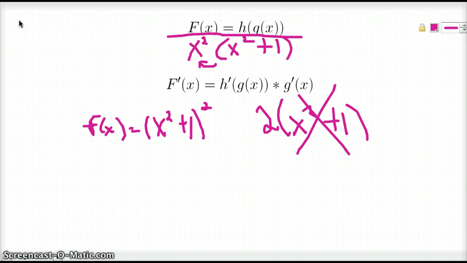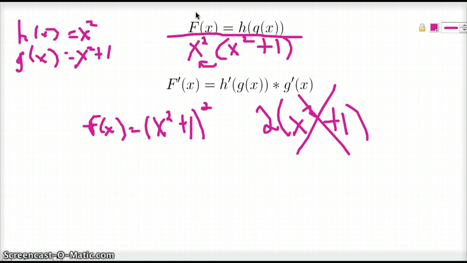So we can call x squared h of x, and we can call g of x x squared plus 1. Pretty simple so far. So if you plug h of x and g of x into this equation, so you take h of g of x, you'll get our function.